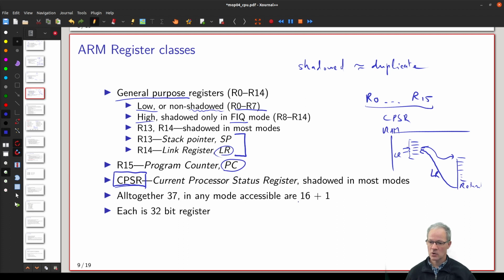But in any mode, we have 16 registers accessible plus the CPSR register, right? And each register is 32 bits. That's 4 bytes. That is also good to remember.